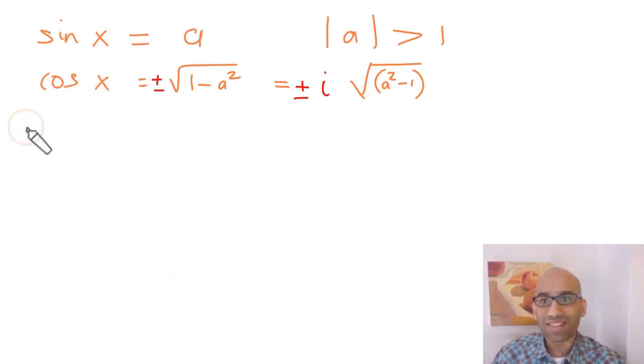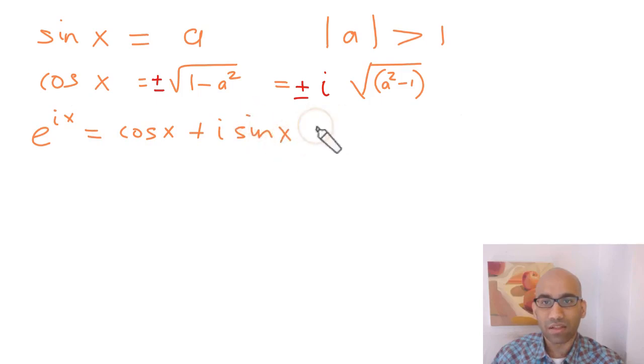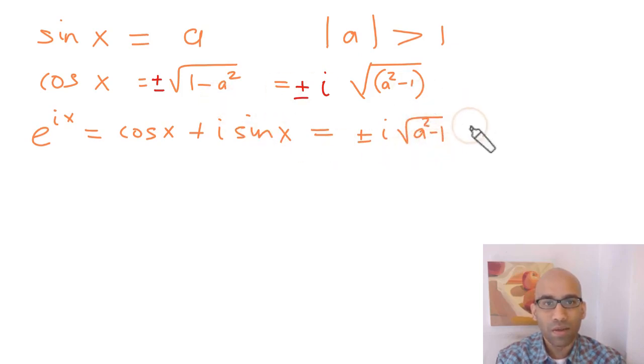Now we're on to the next step. We've got e power ix is equal to cosine of x plus i sine of x. And that is equal to plus minus i times square root of a squared minus 1 plus i times a, which is the original a that we started with.